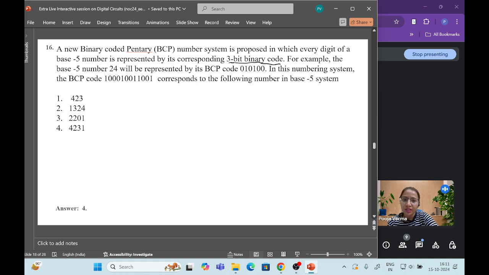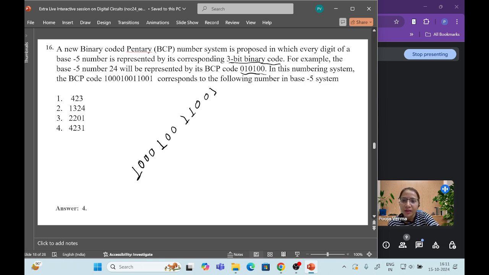For example, the base 5 number 24 will be represented by its BCP code 010 and 100. In this numbering system, the BCP code 1000 100 11001 corresponds to which number in base 5 system?